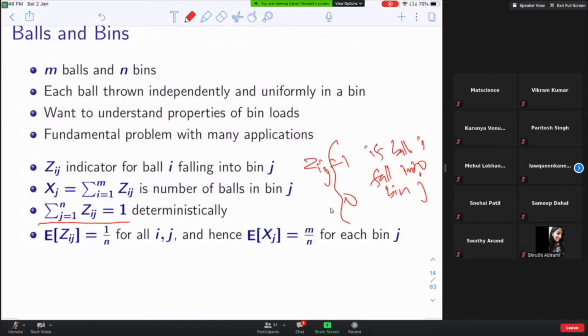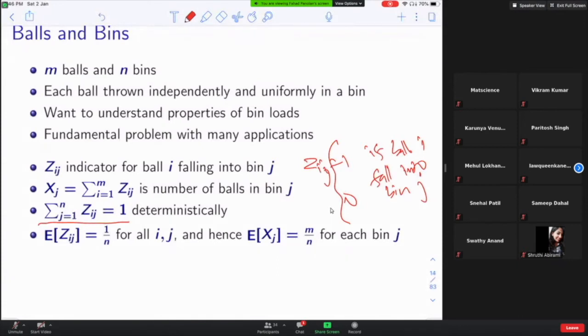The ith ball can land in one of the n bins with uniform probability, since the balls are independently and uniformly put into a bin. So the probability that Zij is equal to 1 is 1 by n, and 0 with probability 1 minus 1 by n, which means that the expected value of Zij is 1 by n.